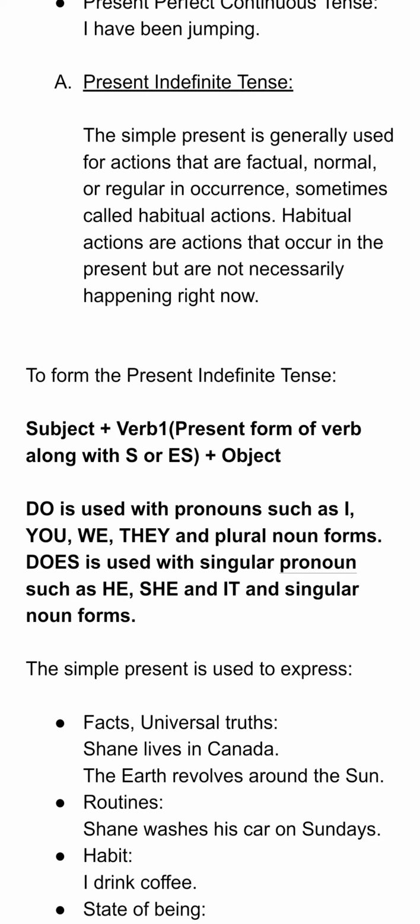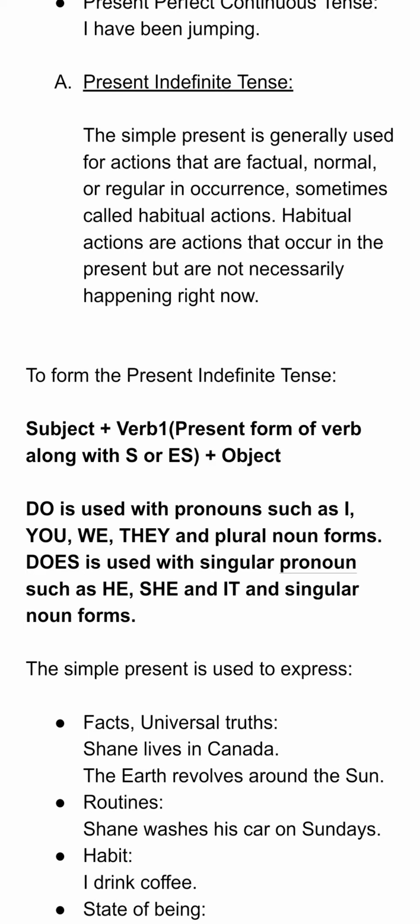We use do with pronouns such as I, you, we, they, and plural noun forms like Ram and Sham, Karan and Rohit, when it indicates more than one person, more than one subject.